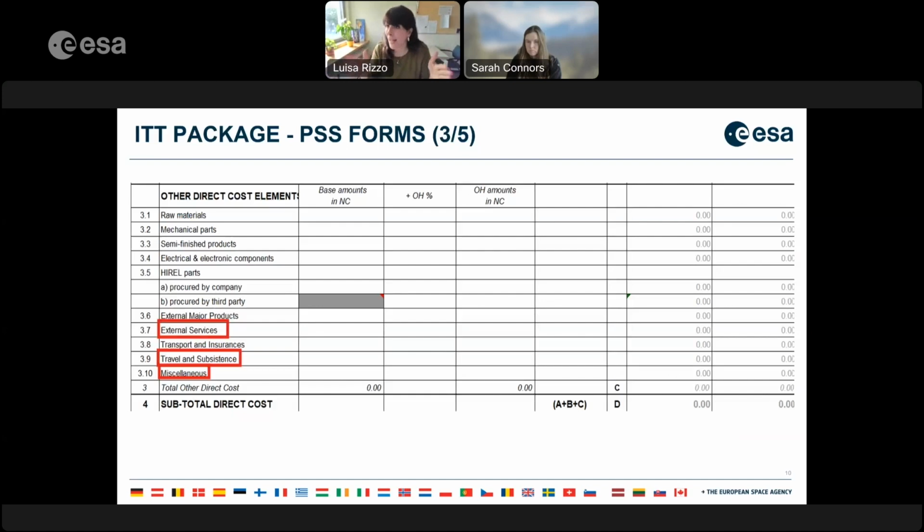So that's the PSS A2, not the exhibit. I wanted to show you the other direct cost element section because this is the most complex, and on the other side, this is the section that confuses the companies the most.